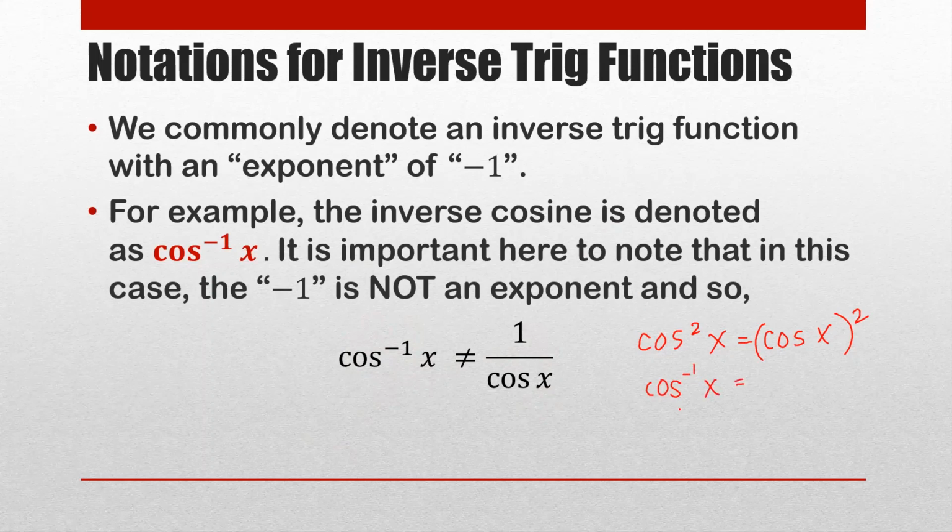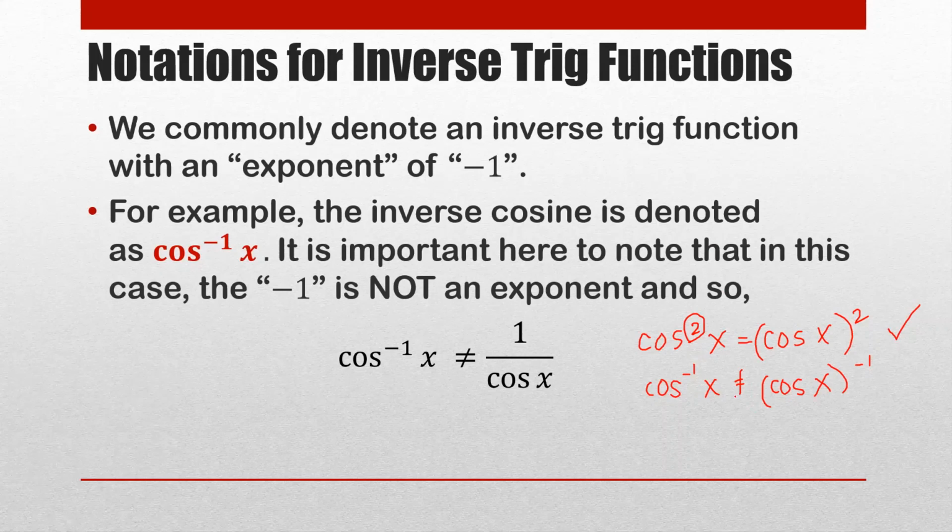That is not equal to cosine x raised to -1. So that is not true for the case of -1. True lang yung ganitong pagsulat ng exponent or this equality if the exponent is a positive integer. Pero kapag ka negative integer, it's not the case na.